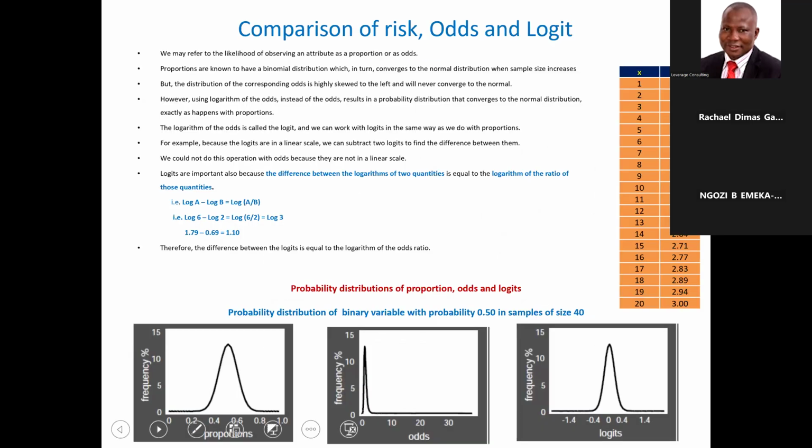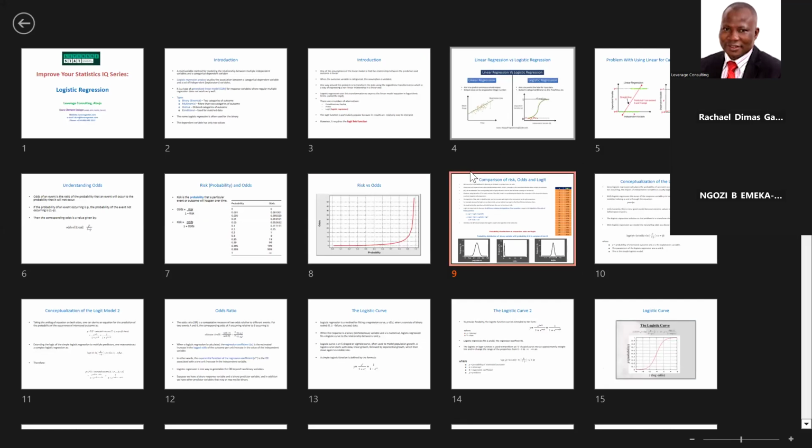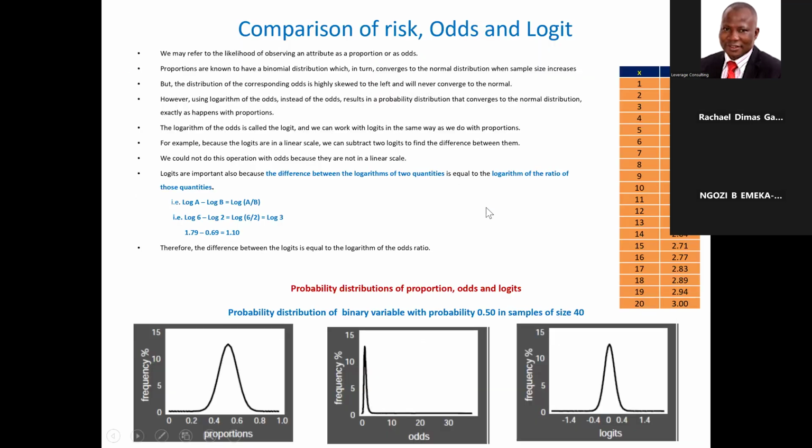There are some other things here. Look at some of the logic behind transformation to logarithm. I think I explained that when we were talking about assumptions and hypotheses. You see numbers 1 to 20, I transform them into logarithm.